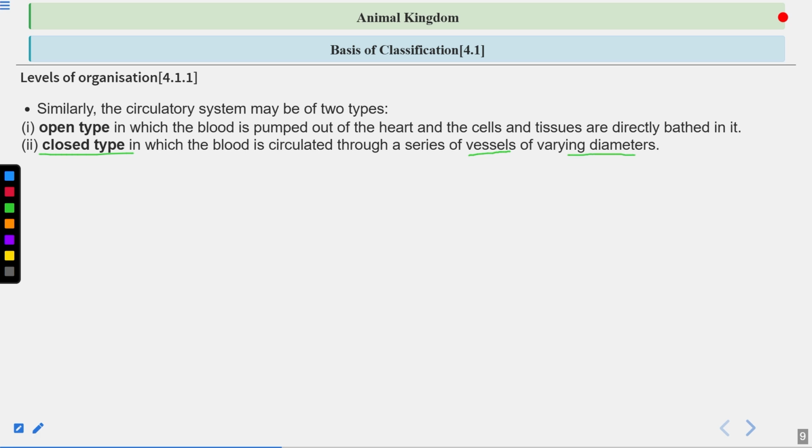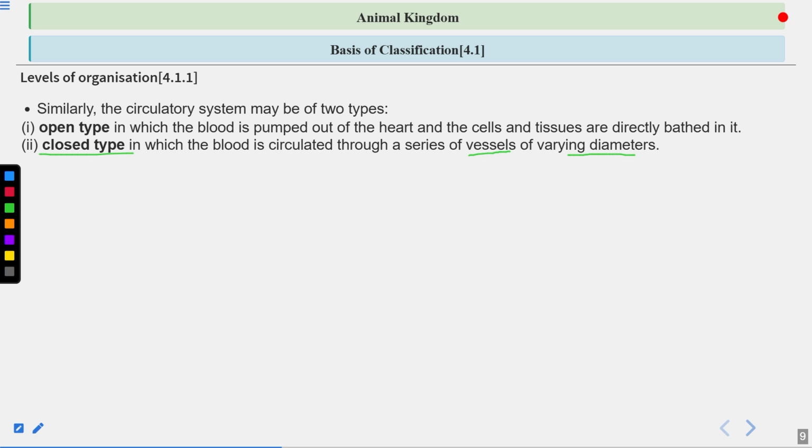And they are having different diameters. So we are having arteries, we are having veins, we are having capillaries. Right? So open and closed type of circulatory system. So we are having these two types of circulatory system, right?